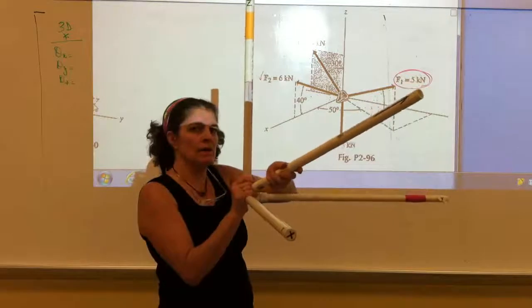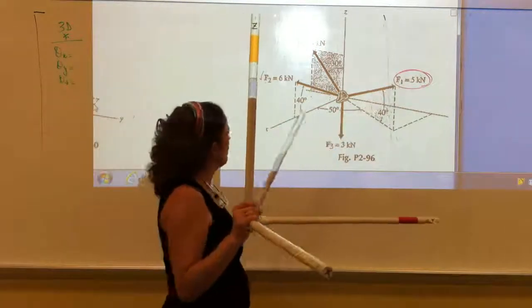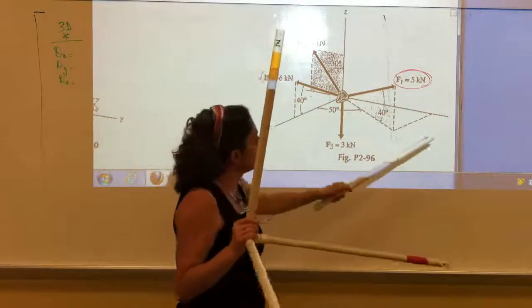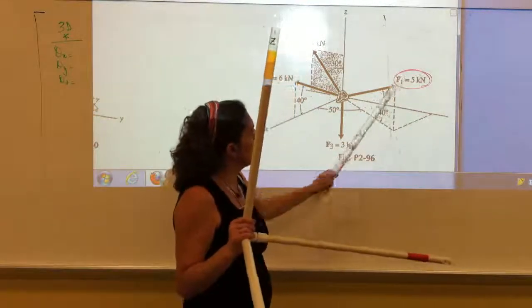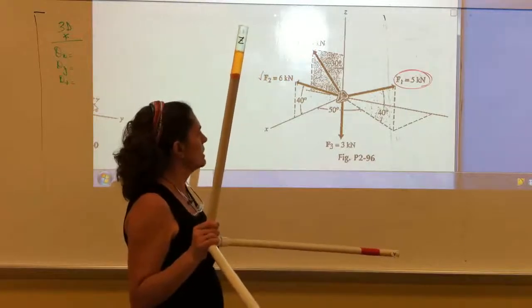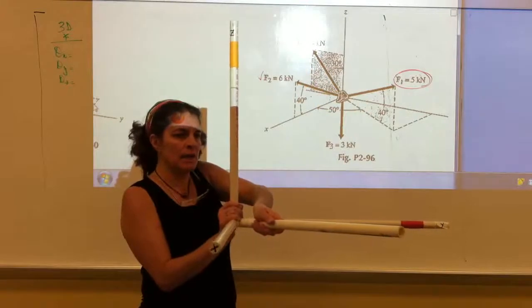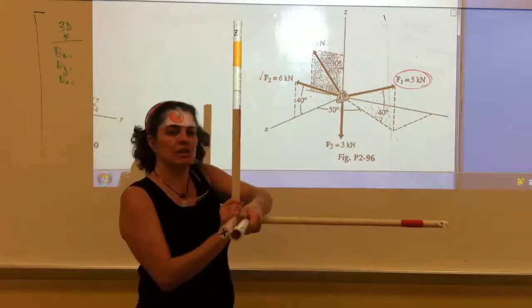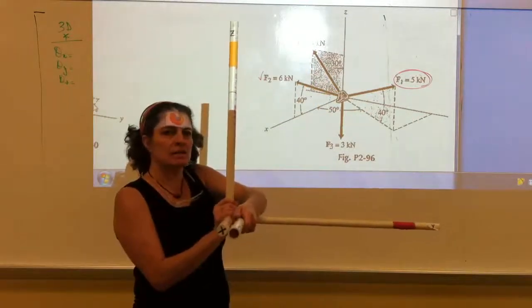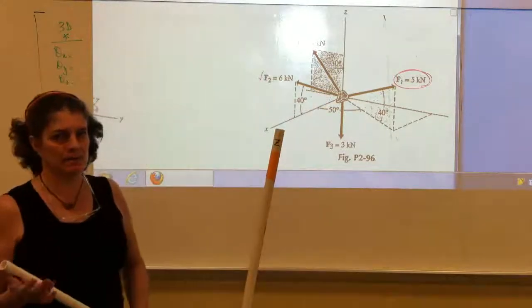But they're not giving us theta x, and they're not giving us theta y. So we have to figure out a way of finding the x component and the y component of F1. They give us the 40 degrees down to the xy plane, and then 50 degrees to get to the axis. So now, what we have to think about is the dot product.